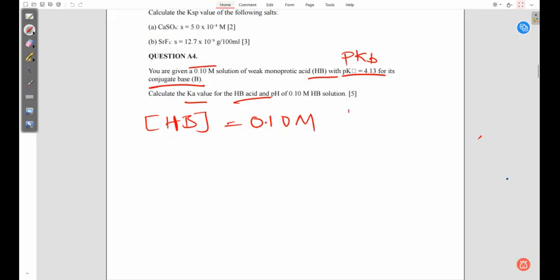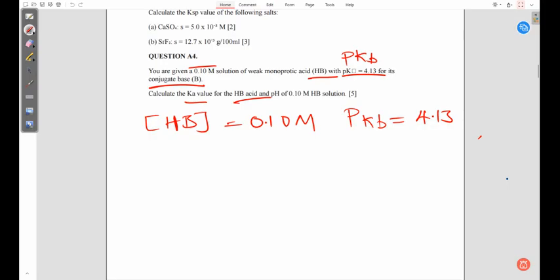We're also told the pKb value for its conjugate base, B, is 4.13. Okay, and then they want us to find the Ka, and then they also want us to find the pH at the end of the day.